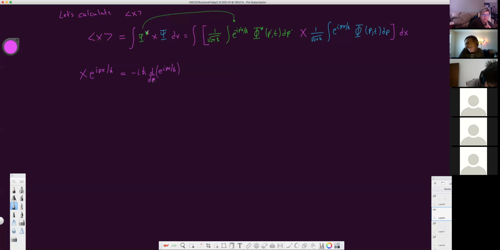So prove that to yourself, right? That if you took the derivative with respect to p, you would get ix over h bar. The two i's would make minus 1, and the minus sign would cancel that. The h bar would cancel the h bar that you get on the bottom, and you'd be left with x e to the i px over h bar.